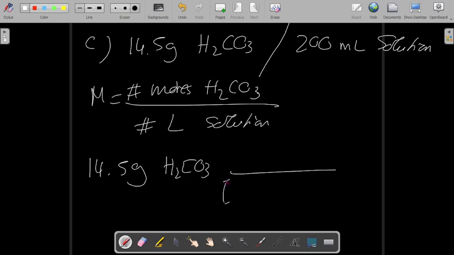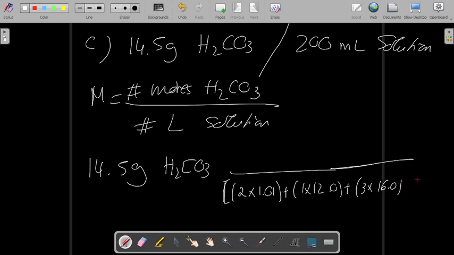I'm going to open a bracket. I have 2 hydrogens. Each one is 1.01. Then I add 1 for the carbon, and I add 3 for the oxygen, so 16 each. I find the atomic mass units for each one of the atoms.